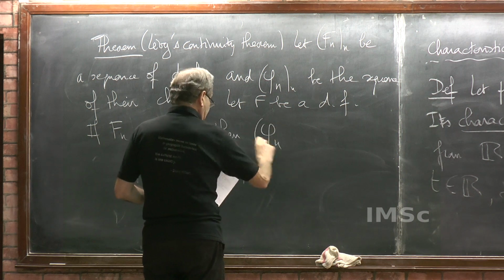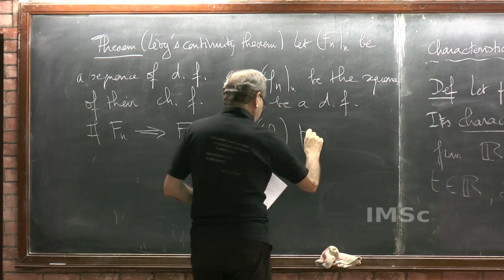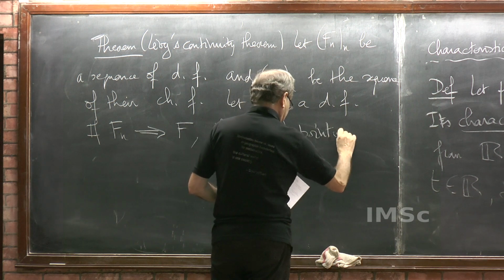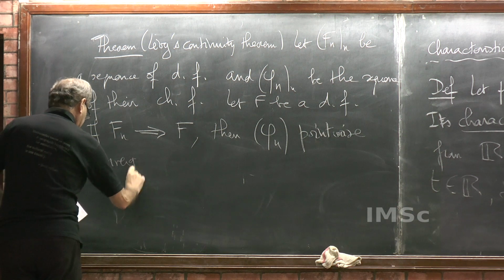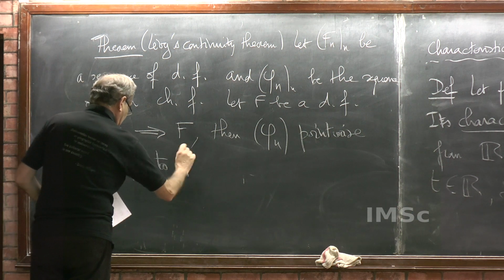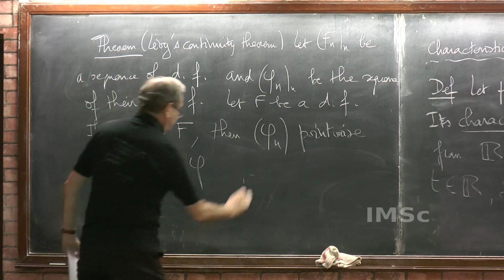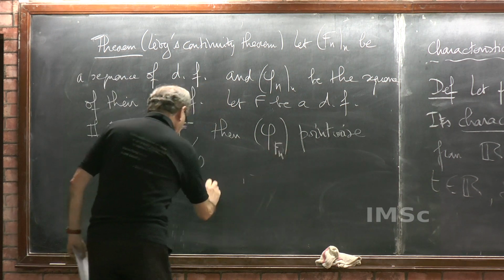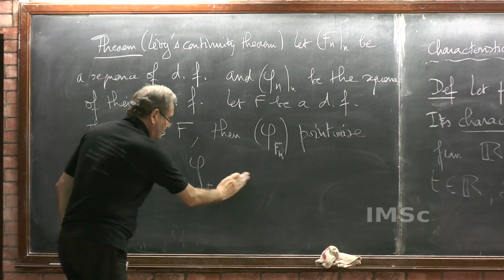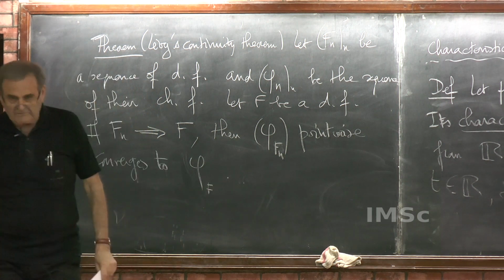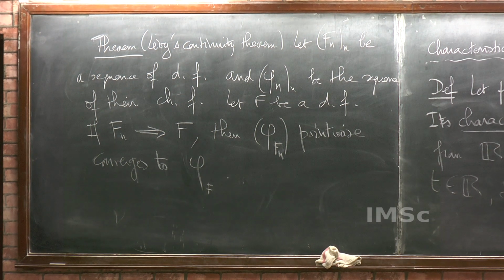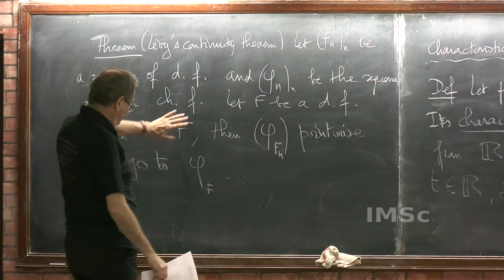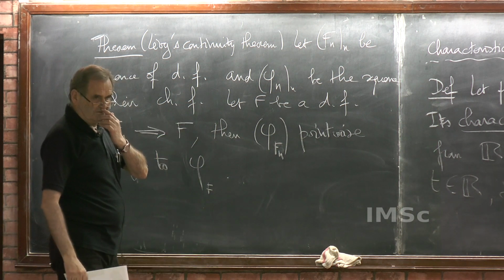The sequence phi n pointwise converges to phi, the characteristic function of the distribution F. So weak convergence implies pointwise convergence of the characteristic functions.